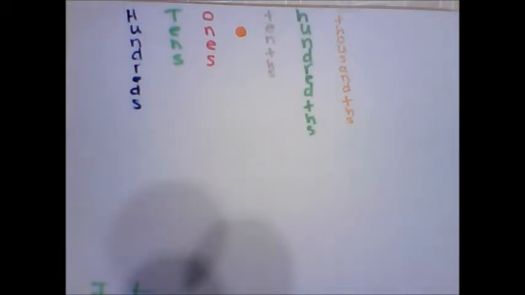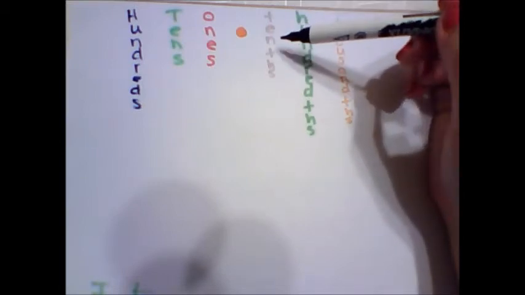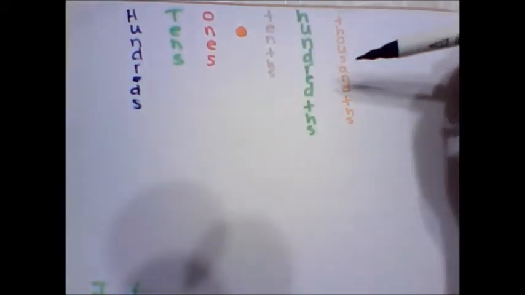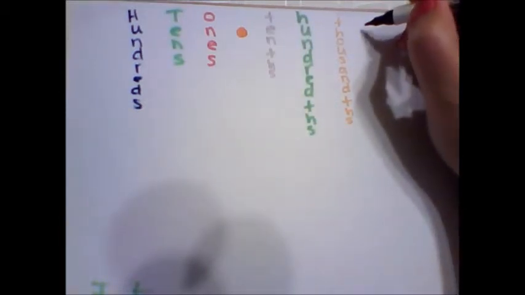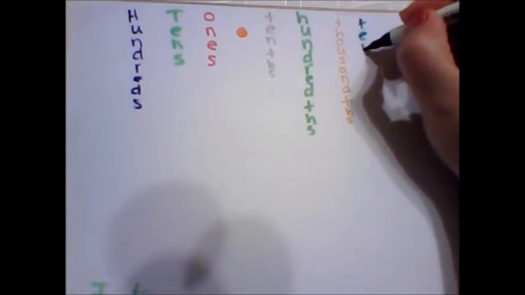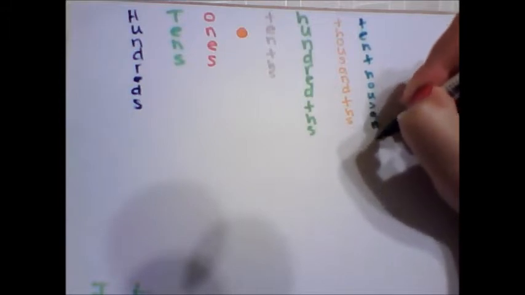So if we look at that and look back here at our place values, we have tenths, hundredths, thousandths. What do you think the next place value would be? Of course, it's 10 thousandths. And then the last one that we're going to talk about today is going to be 100 thousandths.